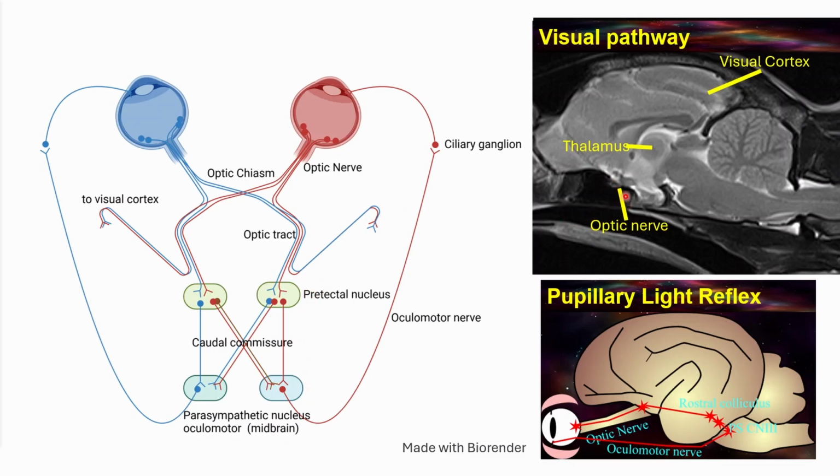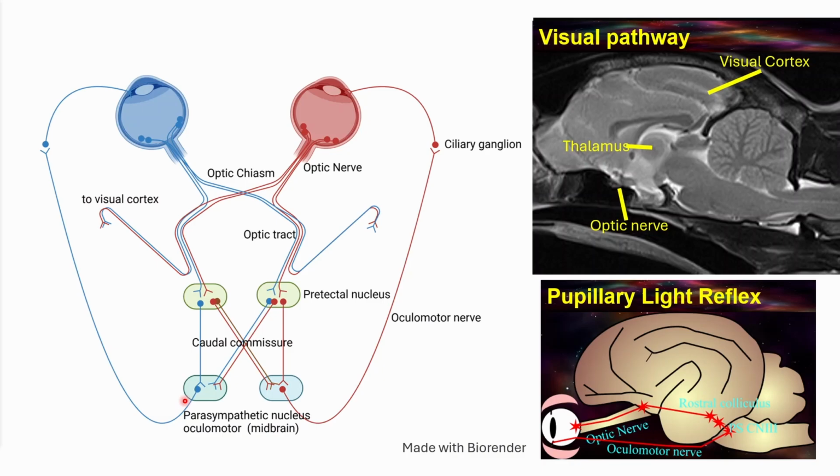So the visual pathway starts at the optic nerve, goes through the optic tract to the thalamus and up to the visual cortex. However, the pupillary light reflex has a commonality just at the level of the eye, optic nerve, optic tract, and then it goes to the pretectal nucleus.